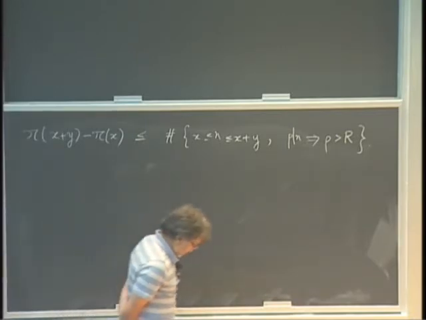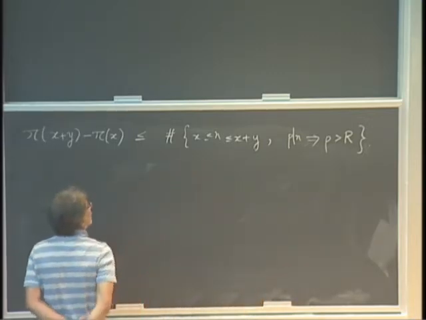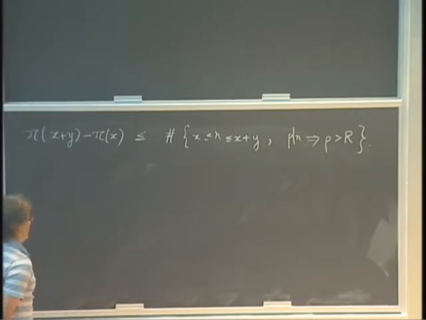Then we bounded this quantity by Selberg's idea, making use of the fact that squares are positive.